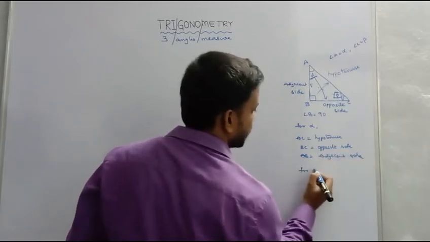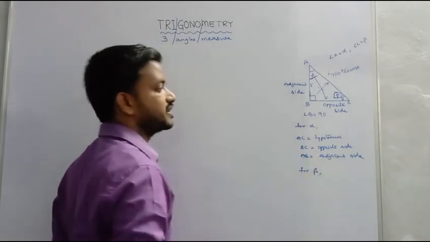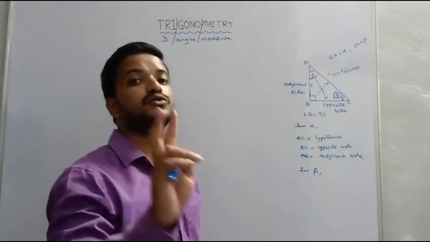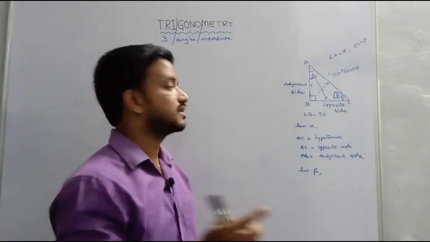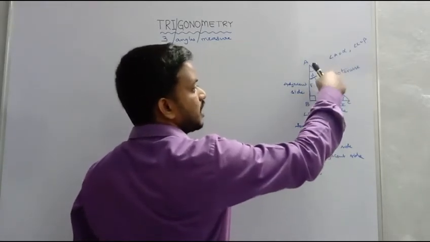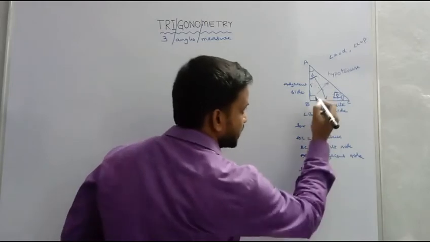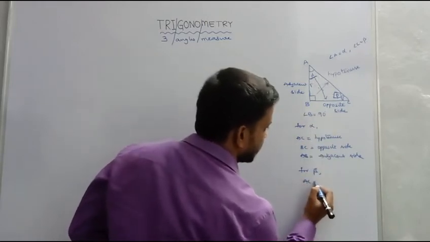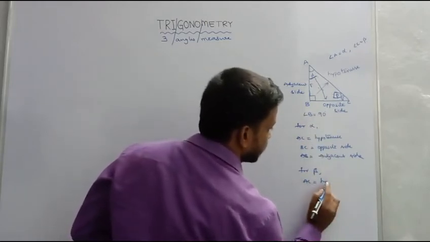But for beta, the sides have been changed. Only two sides have been changed. The hypotenuse remains the same, isn't it? That is every time opposite to the right angle. So what is the hypotenuse here? AC is the hypotenuse.